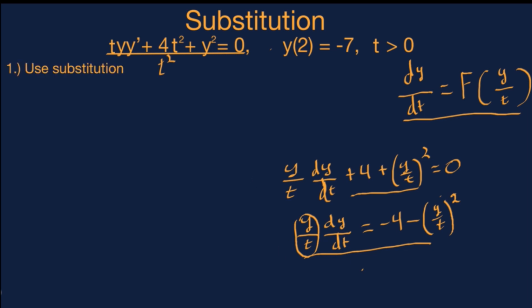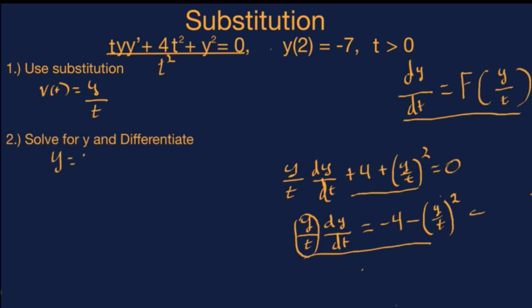So if we say that v of t is equal to y over t, and we can rewrite that as y is equal to v times t. And when we differentiate this, because v is a function of t, we will use the product rule on the right side. So we would get v plus t times the derivative of v with respect to t.